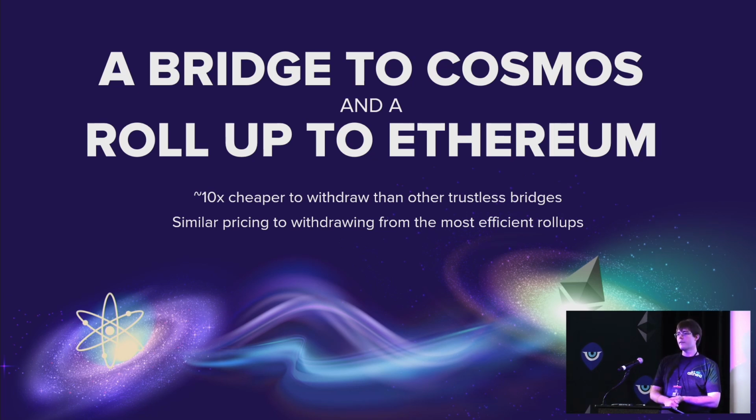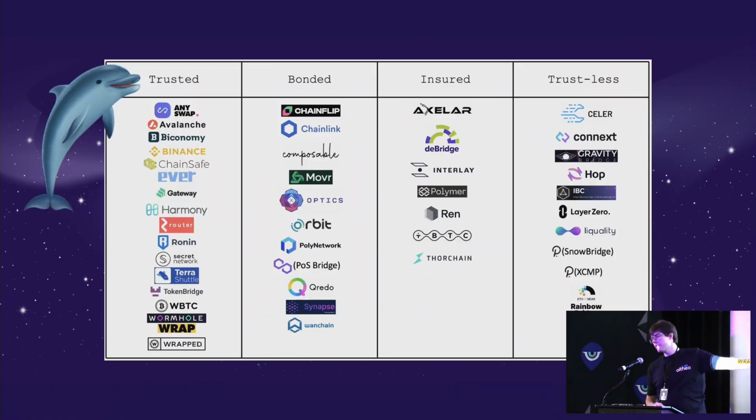So what that means is that with every other bridge in this trustless column over here, you individually pay. Let's say that I'm trying to take tokens from the bridge blockchain back to Ethereum. You individually have to pay with your gas the entire cost of that verification, so a couple hundred dollars.